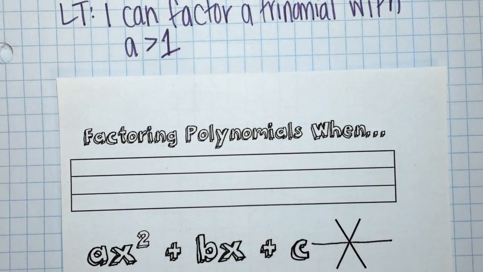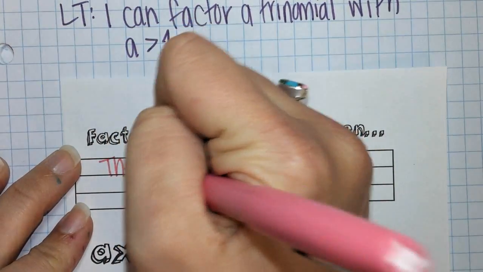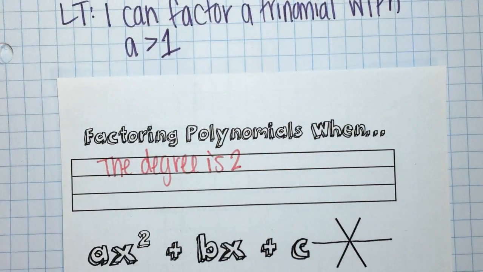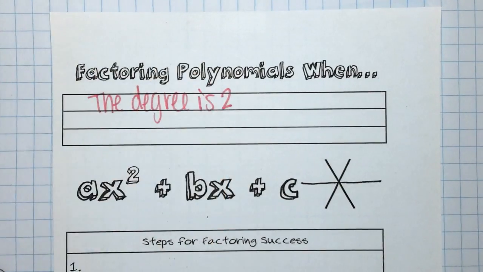The first thing it's going to have, the degree is 2. Does anybody remember what a degree is on a polynomial? Not just a trinomial, on any polynomial.